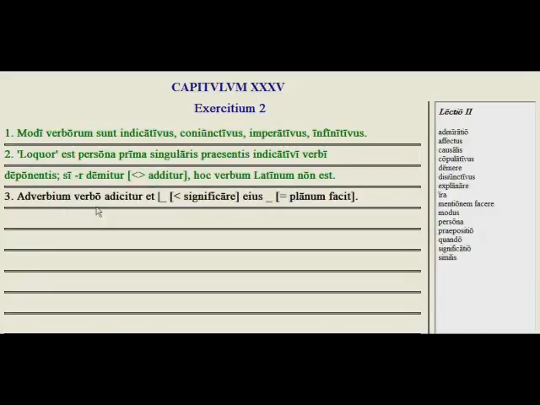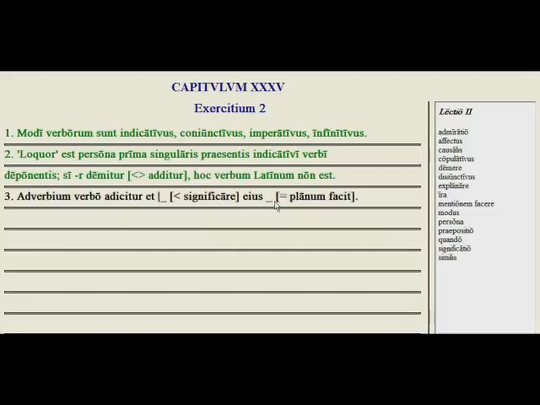Adverbium verbo addicetur et blank designificare, eius blank est planum facit. So an adverb is added to a verb, and we want our verb here, which is planum facit. It makes it plain, which is to explain. It explains it, or makes it plain, which is... I'm in the wrong blank.